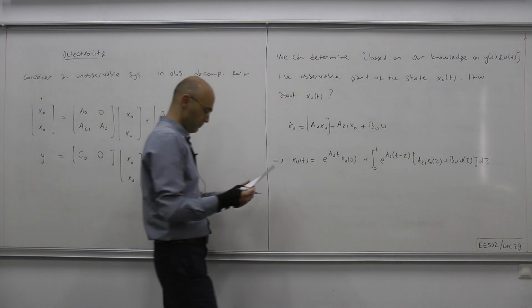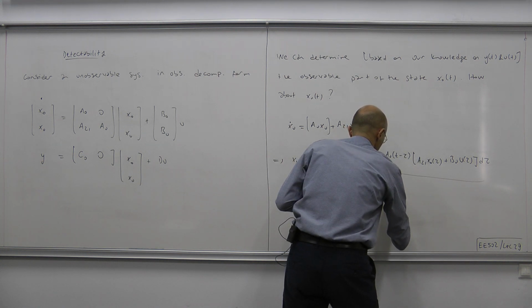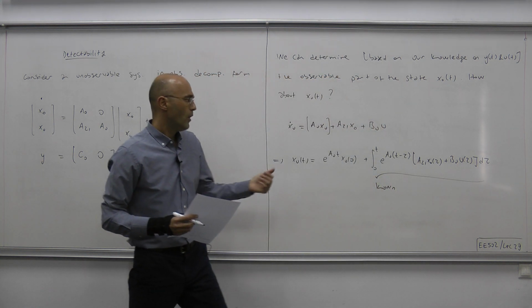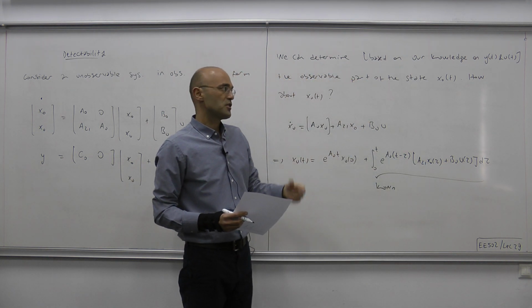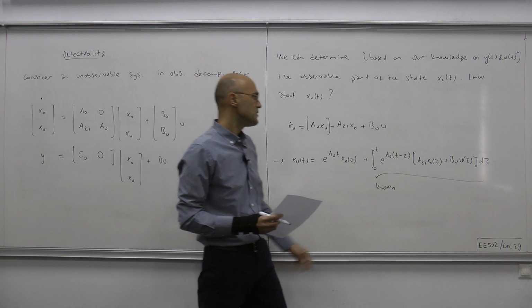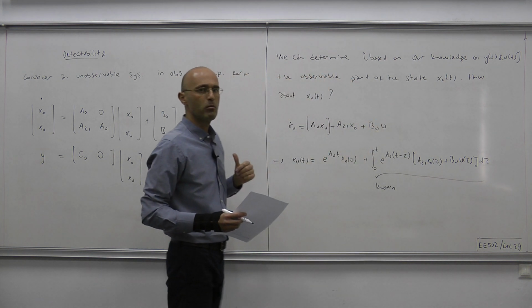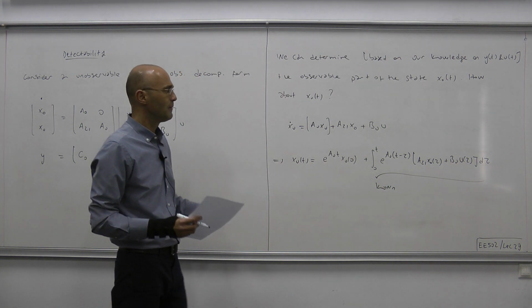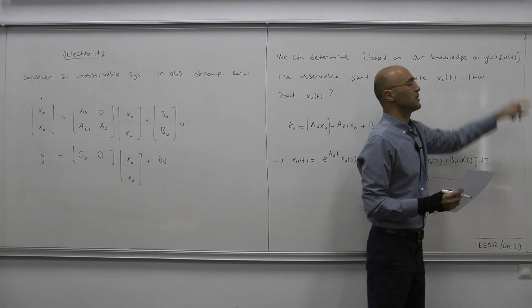Okay, now this piece here is known. Why? Here we have the input signal, and because it's the control input, we know what it is. Here we have the substate corresponding to the observable part. Since it's observable, we can compute what this is based on our knowledge of y of t and u of t.